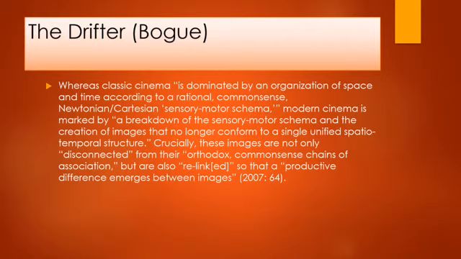Crucially, these images are not only disconnected from their orthodox common sense chains of association, but are also relinked so that a productive difference emerges between images. Right. You think about that. If it makes no sense to you, fear not. Go back to all the previous slides because we're saying pretty much the same thing. I will leave that one up to you.